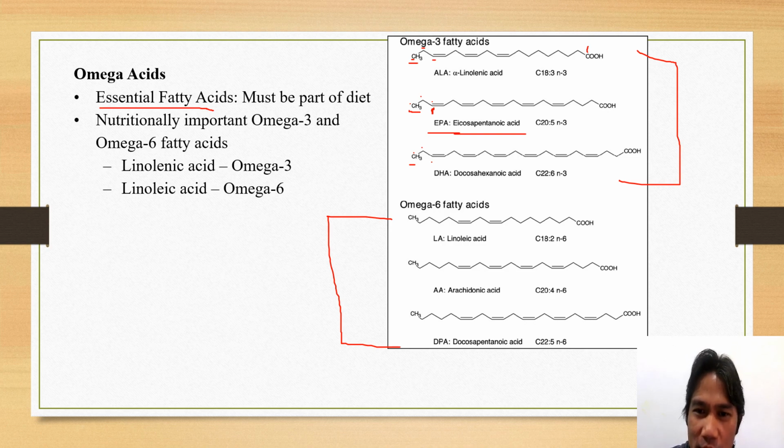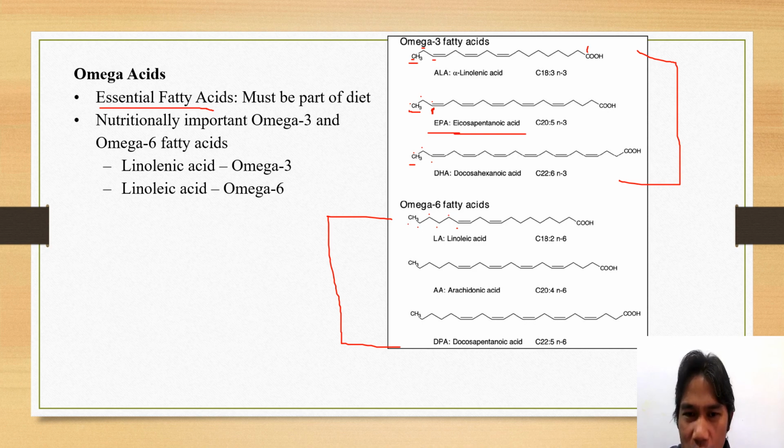Omega-6, the same principle, but you will count the number of carbon atoms including this. So this is 1, 2, 3, 4, 5, 6. So you will encounter the double bond beginning from the endmost carbon.